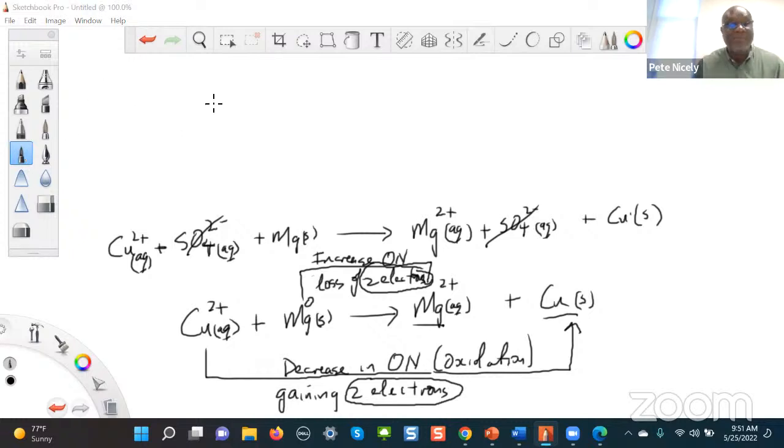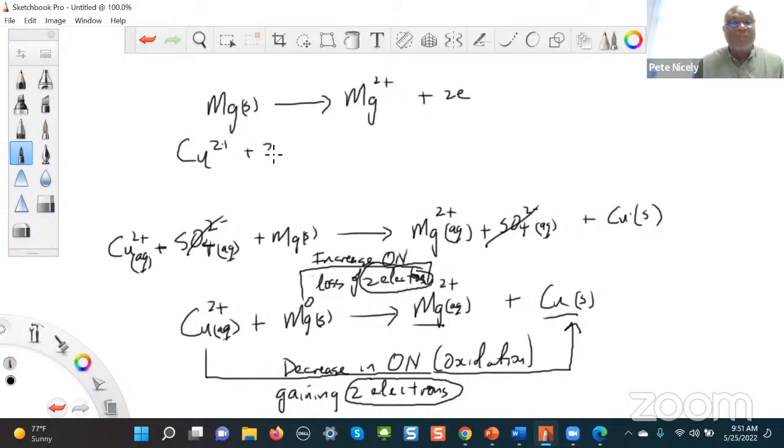So as far as the magnesium is concerned, Mg solid is oxidized to form Mg2+ as a result of the loss of 2 electrons, all right? And in the case of the copper 2+ ion, that will undergo reduction by gain of 2 electrons to form the copper, right? So we call these half equations, right? So this is the oxidation half equation, and this is the reduction half equation.